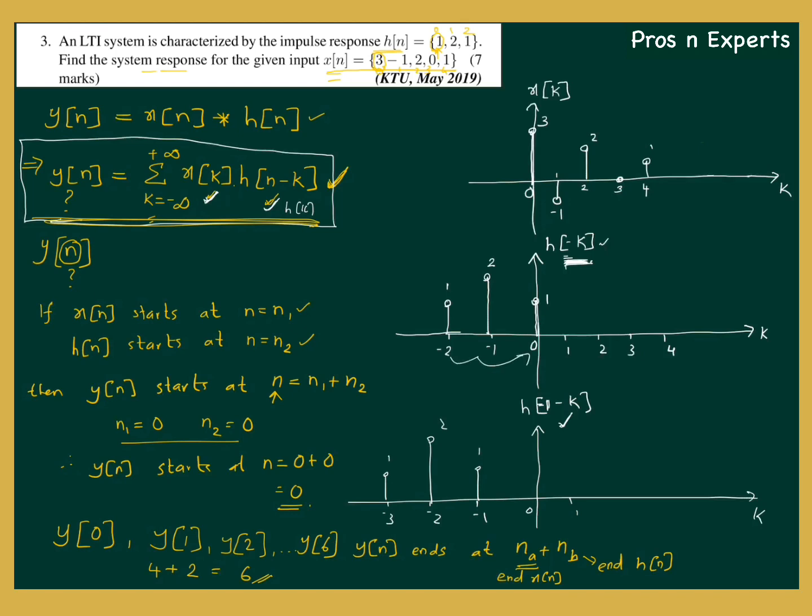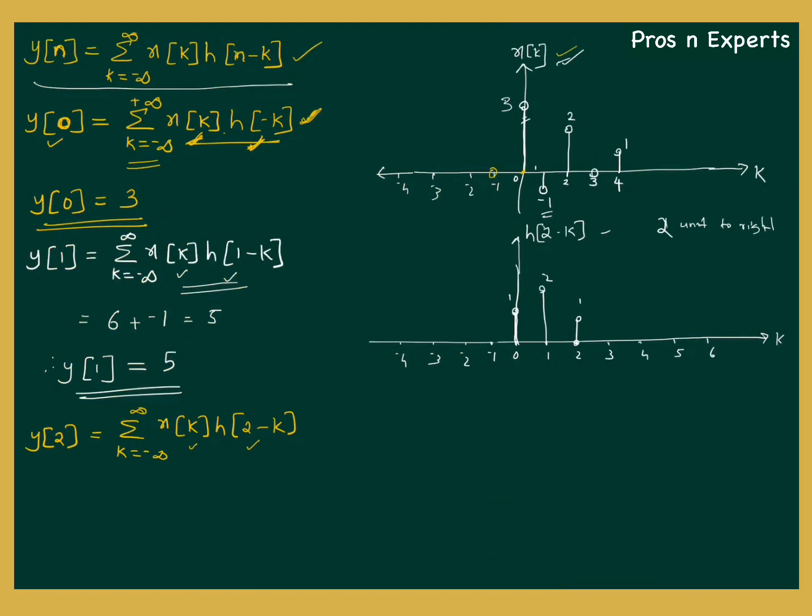So the first sample starts at k equal to 0. That is what is drawn here. Okay, now we have to find out the product x of k into h of 2 minus k, and that product will be 1 into 3 equal to 3 at k equal to 0, and at k equal to 1, 2 into minus 1 is minus 2.